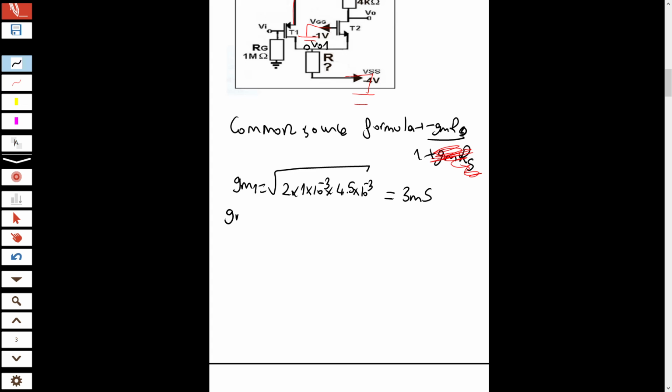GM2 equals 2 times Kn times ID, where ID is 1 milliampere, which gives 1.41 millisiemens. So the first gain VO1 over VI equals minus 3 times RC1.